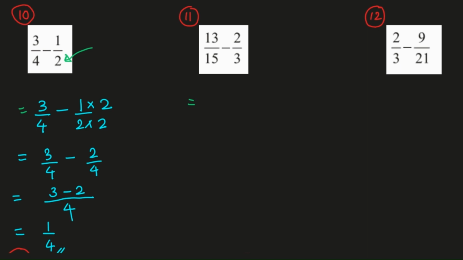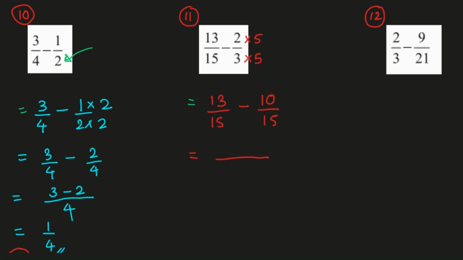What about the next one? 13 upon 15 minus 2 upon 3. So in the answer, you can see the denominator 3 can be converted into 15 by multiplying by 5. So I'm writing it as 13 upon 15 minus 2 into 5, it's 10. 3 into 5, it's 15.